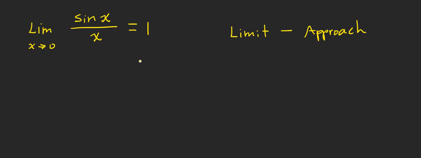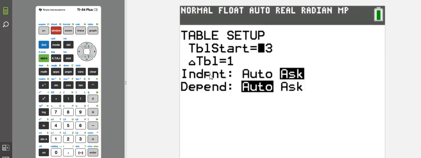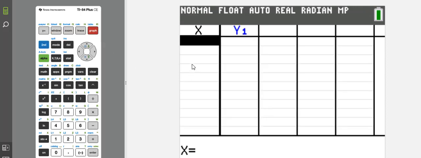Now we are also going to use a table to find the limit. In order to use a table, first press second and window for table setup. You want your independent to be highlighted in ask, not auto. And press second, table.